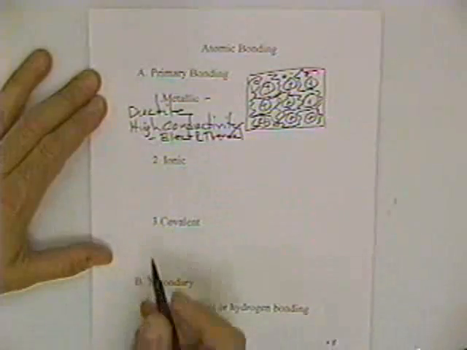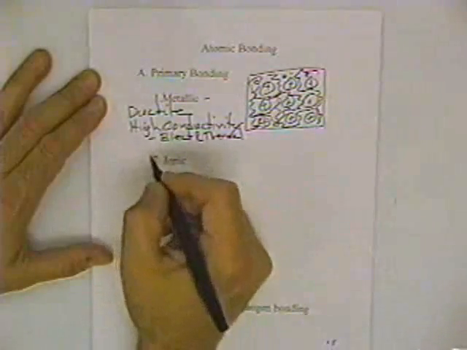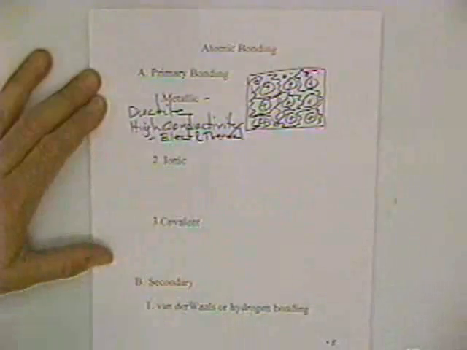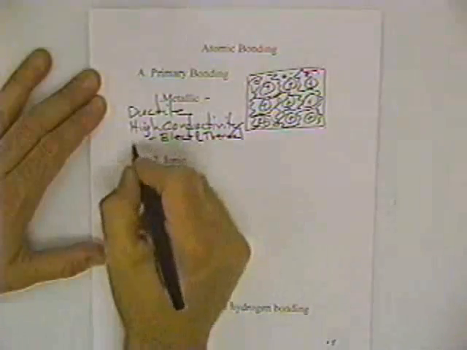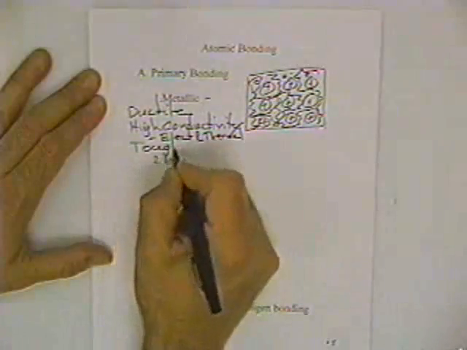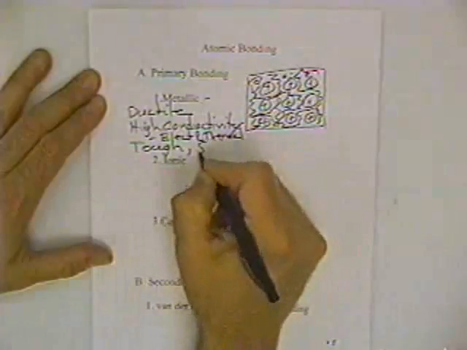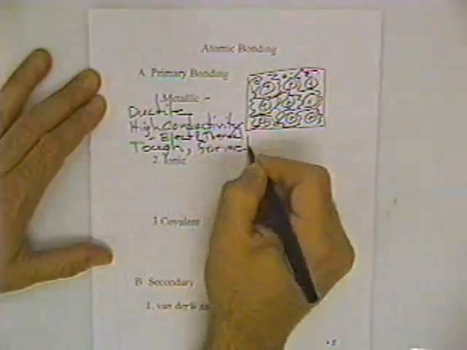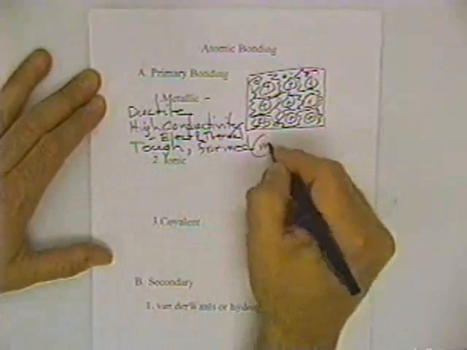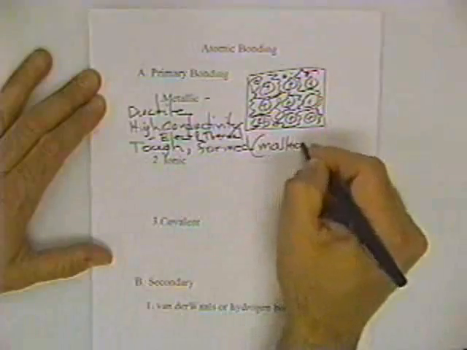Metallic structures can also be strong and can have from low to relatively high melting points. They are tough, and they can be formed. One of the words that is used is malleable.